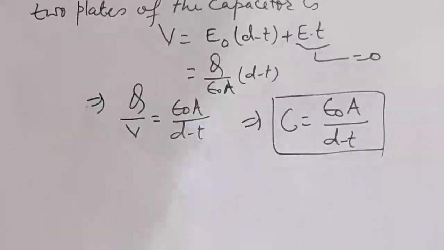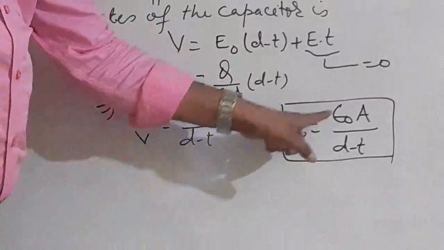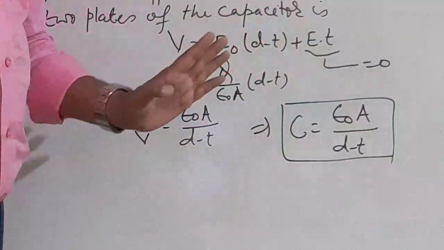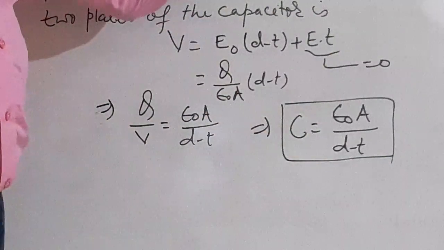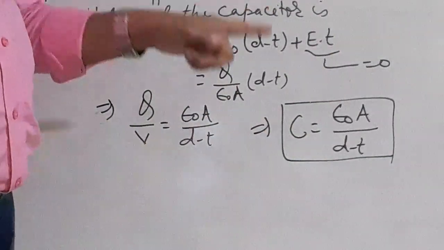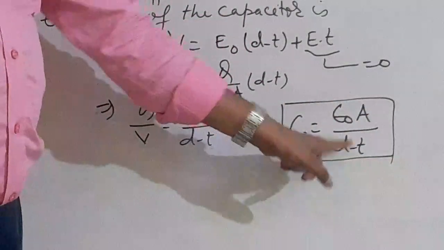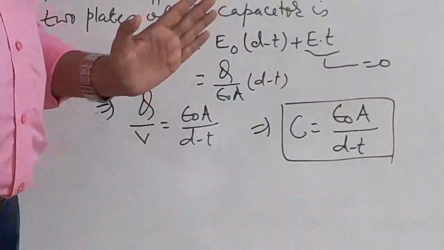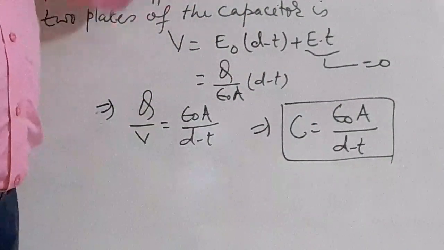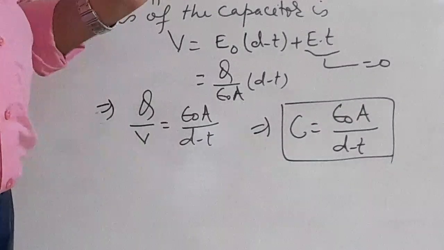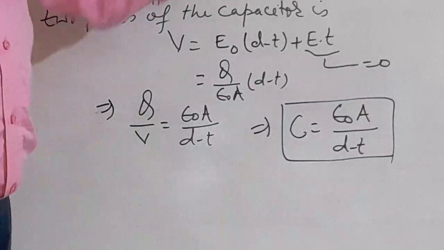Now here you can see that C is equal to epsilon naught A by D minus T, and earlier, whenever there was no conducting slab between the two plates, it was C is equal to epsilon naught A by D. So epsilon naught A is the numerator whenever the conducting slab is inserted between the two plates, and it was the same when there was no conducting slab.